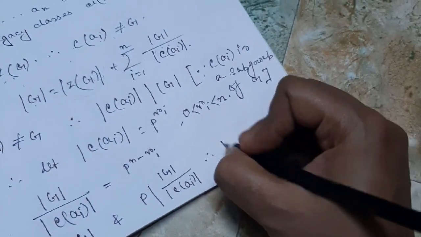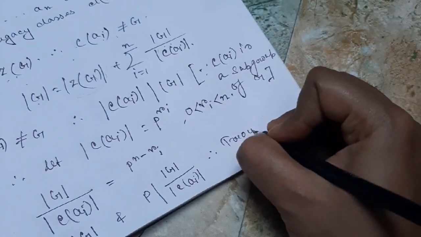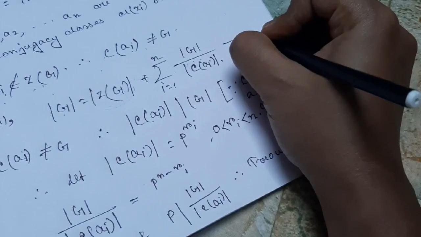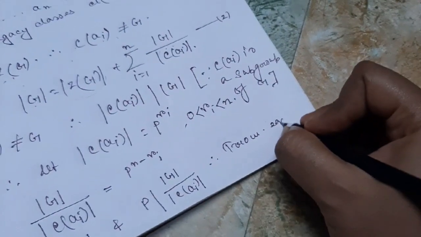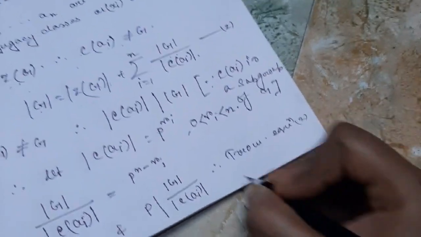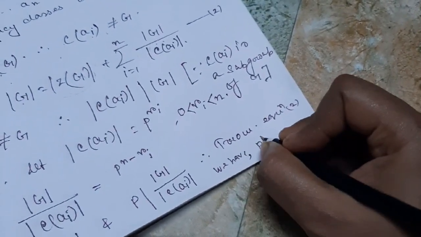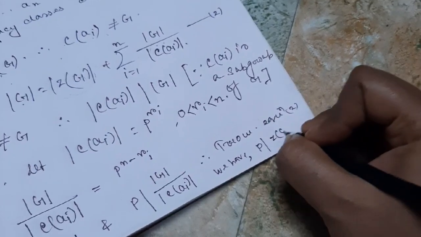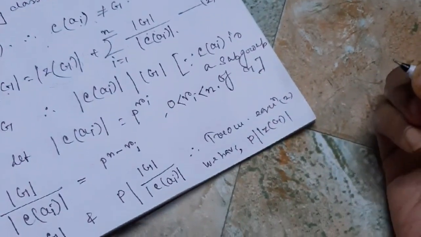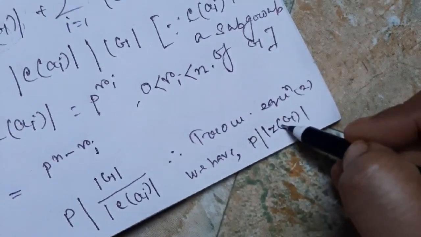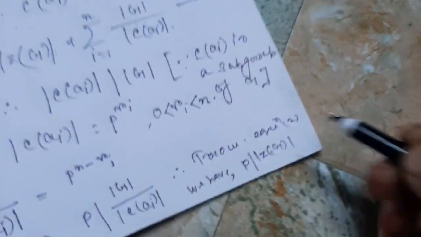Therefore, from equation 2, we have p divides order of ZG. We can write that p divides this one.